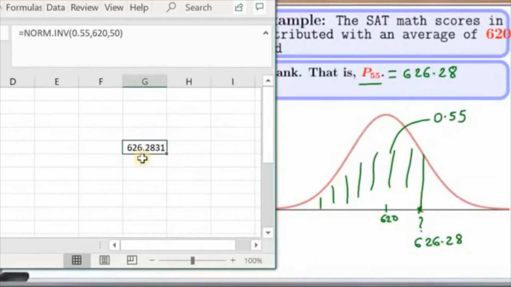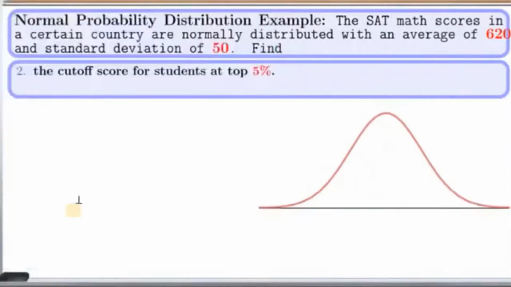Now let's look at the second problem here. Here we are supposed to find the cutoff score for students at top 5%. So let's try to draw a diagram for the given scenario. We know our mean is right here in the middle, which is 620.